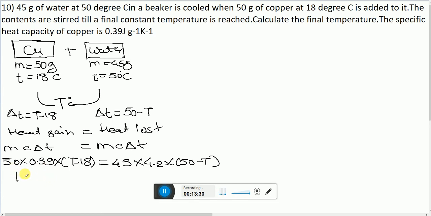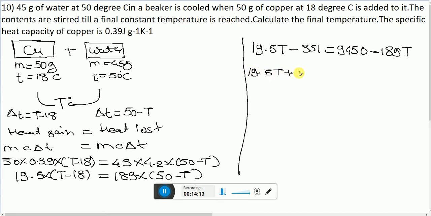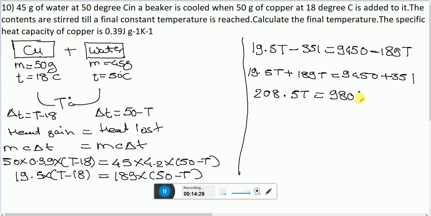50 into 0.39 is 19.5 into T minus 18 is equal to 189 into 50 minus T. Performing further calculation, 19.5T minus 351 is equal to 9450 minus 189T. 19.5T plus 189T, and here it is 9450 plus 351, which will give us 208.5T, and here it is 9801.